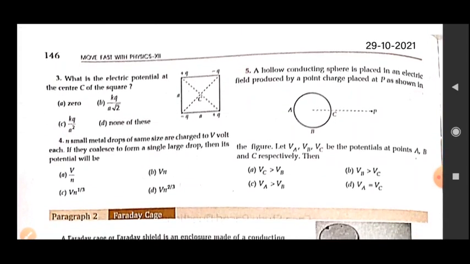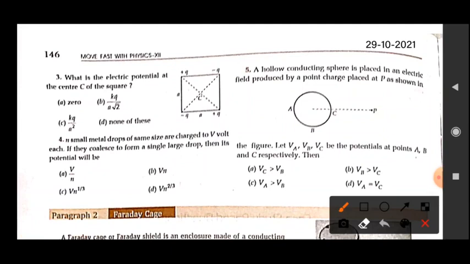Now, students, the next question. The image is a little blurred, but I will read it for you. The question is, what is the electric potential at the center C of the square? We have to find the electrostatic potential.